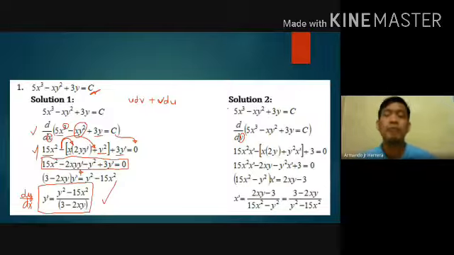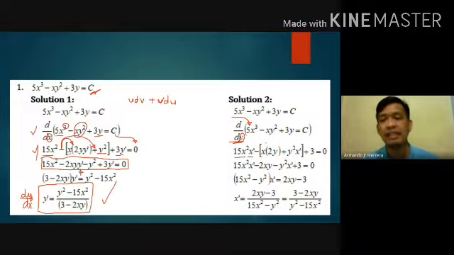So next, solution number 2, ang gagawin natin as mentioned is with respect to y. So ang independent variable natin ngayon ay y. So let us try to solve. Taking the derivative of 5x cubed with respect to y, 3 multiplied by 5 is 15x squared multiplied by the derivative of x with respect to y, which gives you x prime.